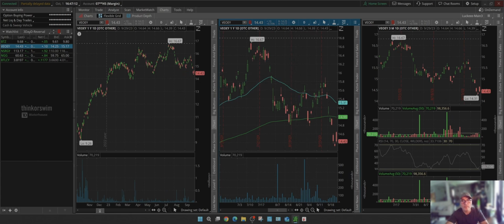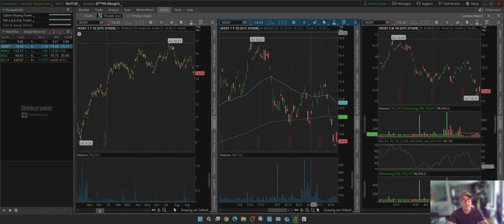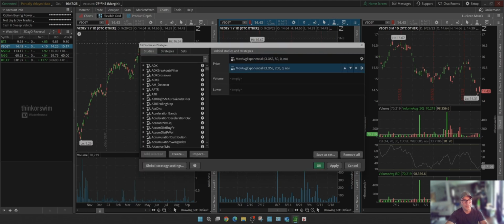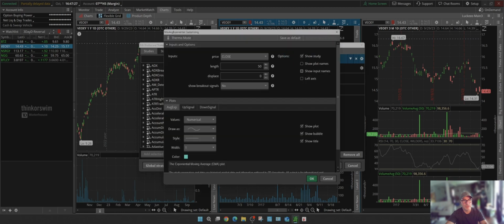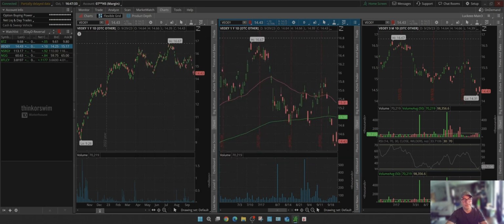And as you can see, let me edit this. I usually use the blue line for my view of the short term. Anyway, this is what we see.